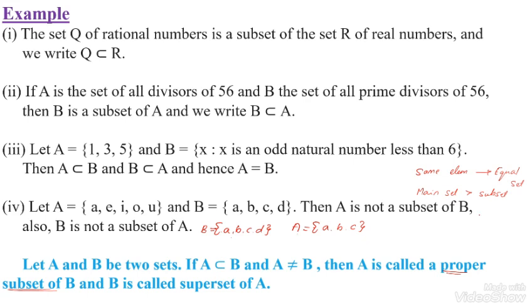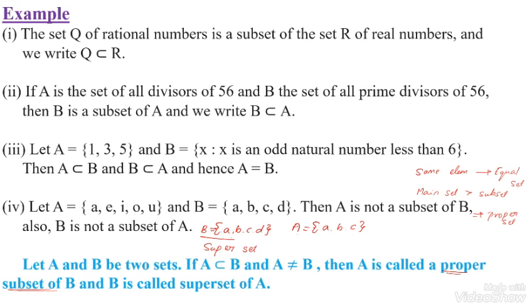That time it is called a proper subset. The main set must contain at least one element other than those in A. The main set containing elements other than those of A makes A a proper subset of B, and that time B is called the superset, the main set.